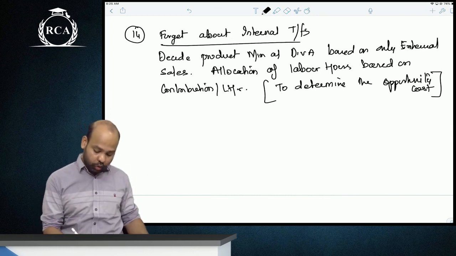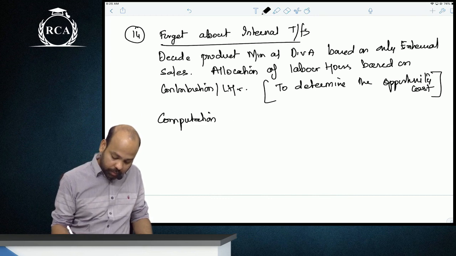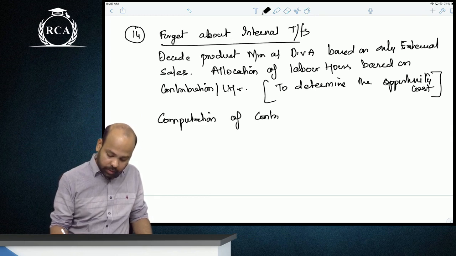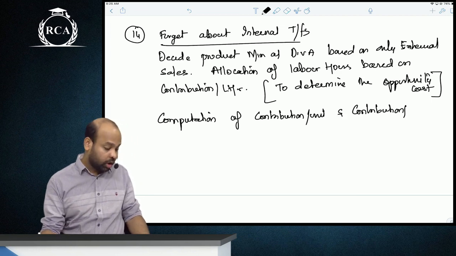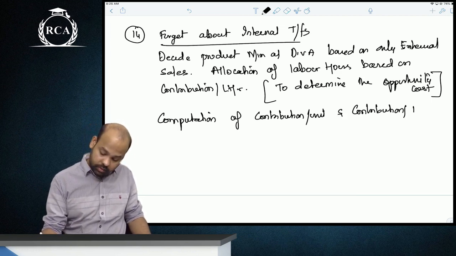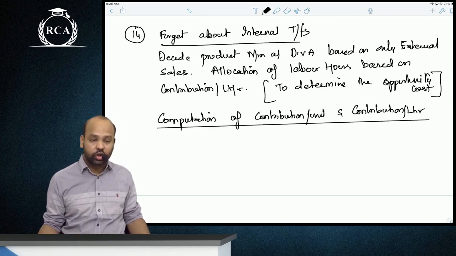So let's compute. Computation of contribution per unit and contribution per labor hour.